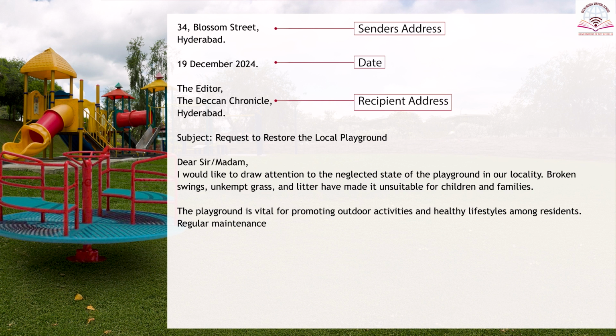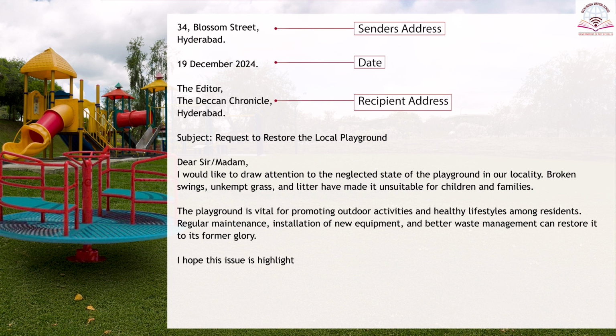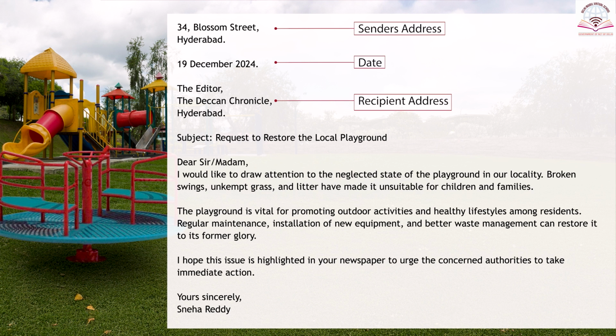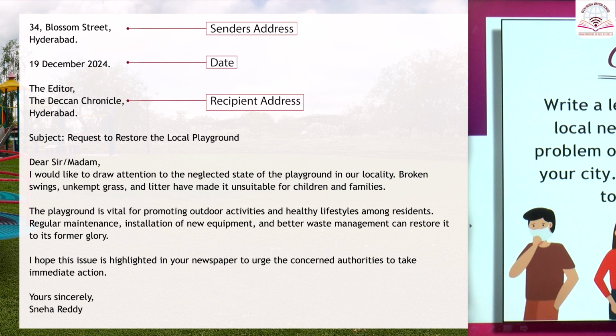Regular maintenance, installation of new equipment, and better waste management can restore it to its former glory. I hope this issue is highlighted in your newspaper to urge the concerned authorities to take immediate action. We'll close the letter and write the name that is there in our question.